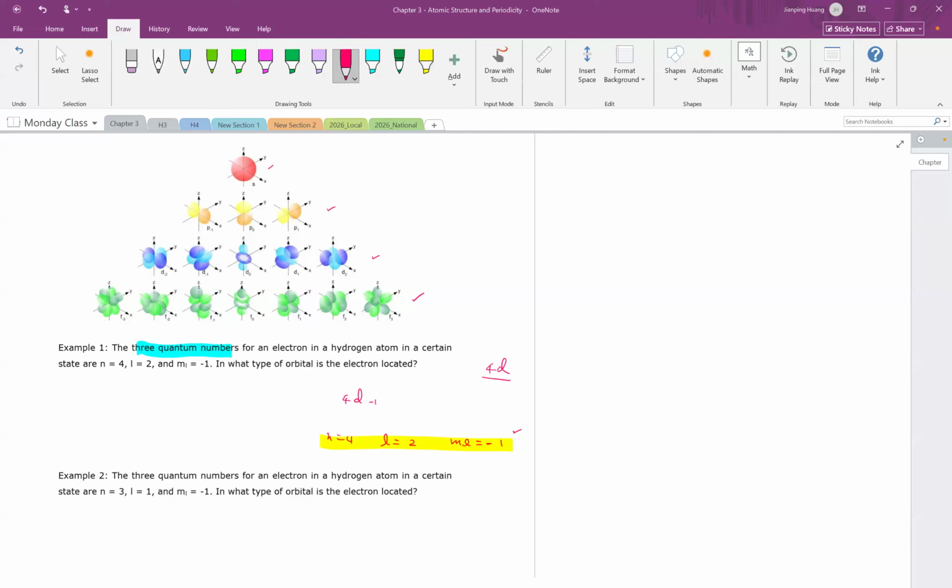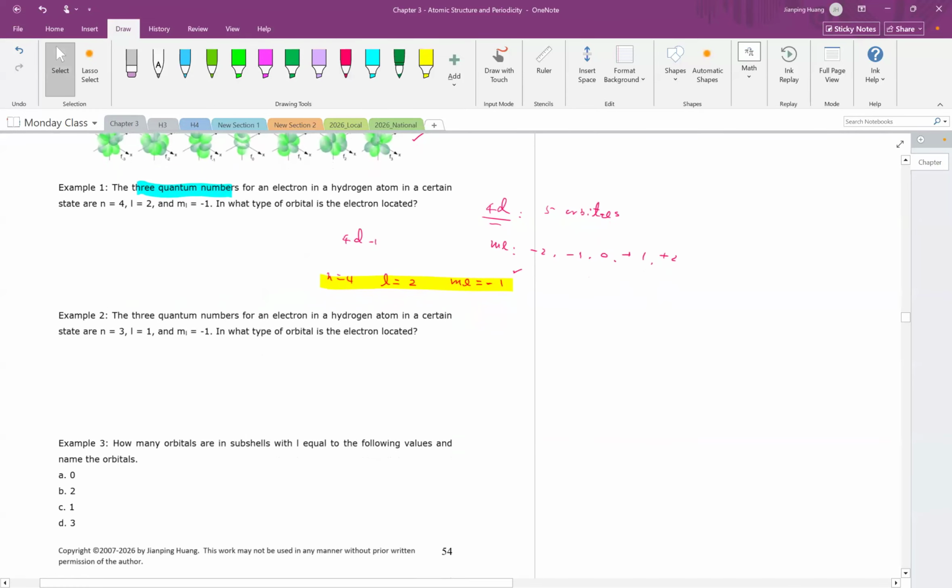That's one orbital. If you say 4d, that means 5 orbitals: ml equals minus 2, minus 1, 0, plus 1, plus 2. Got it? Go to sample 2.